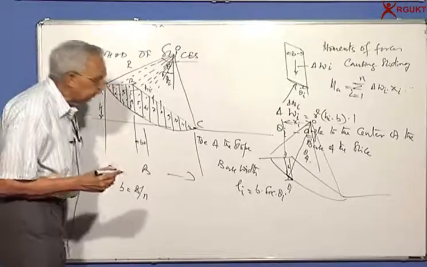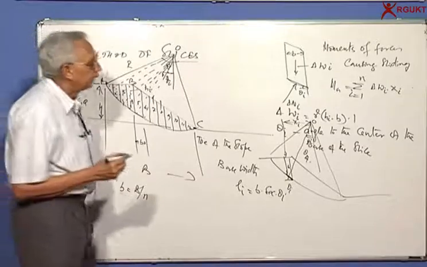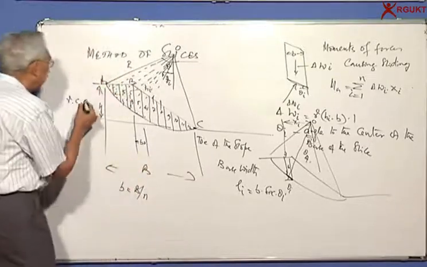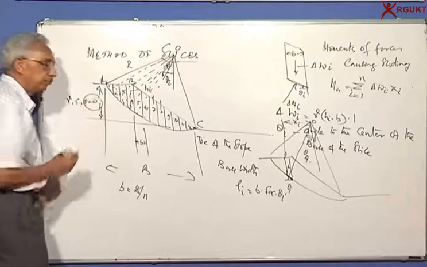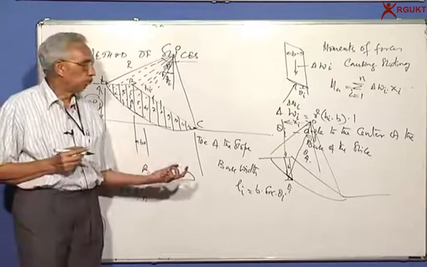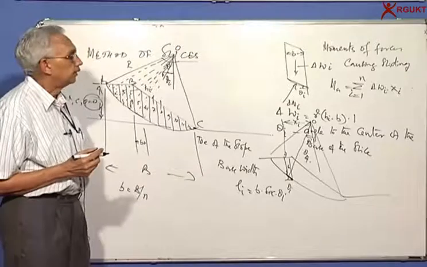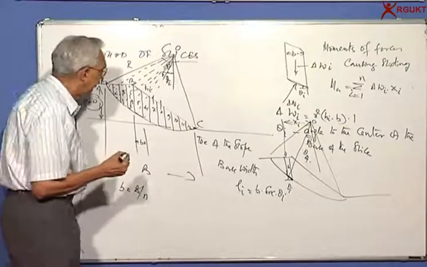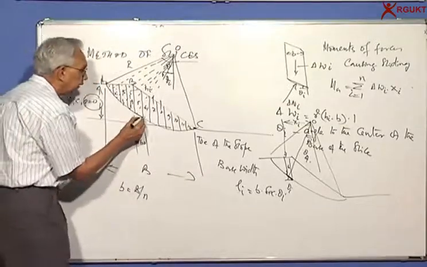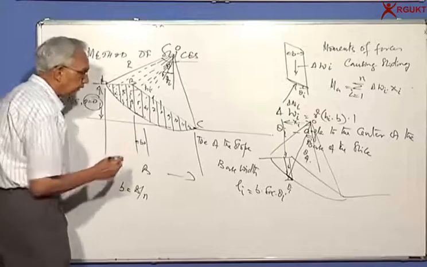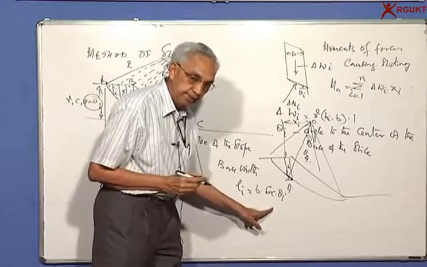And what will be the resistance mobilized? If I just take, for example, phi equal to 0, I simply will have only cohesion resisting the moment. So I can find out the length of this arc. What will that be equal to? b secant theta i.